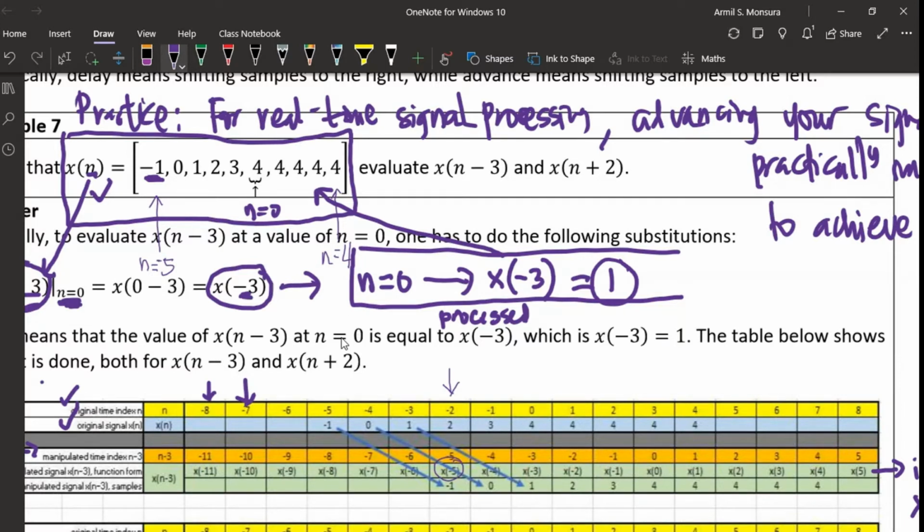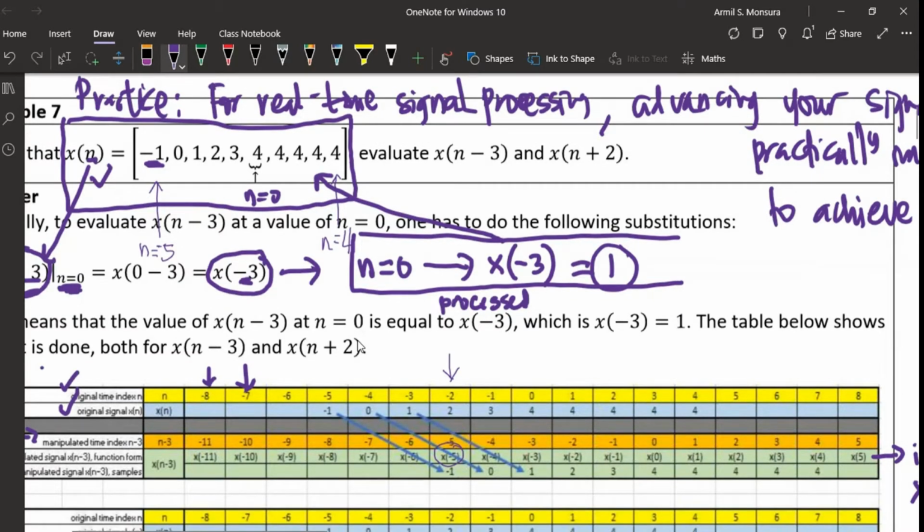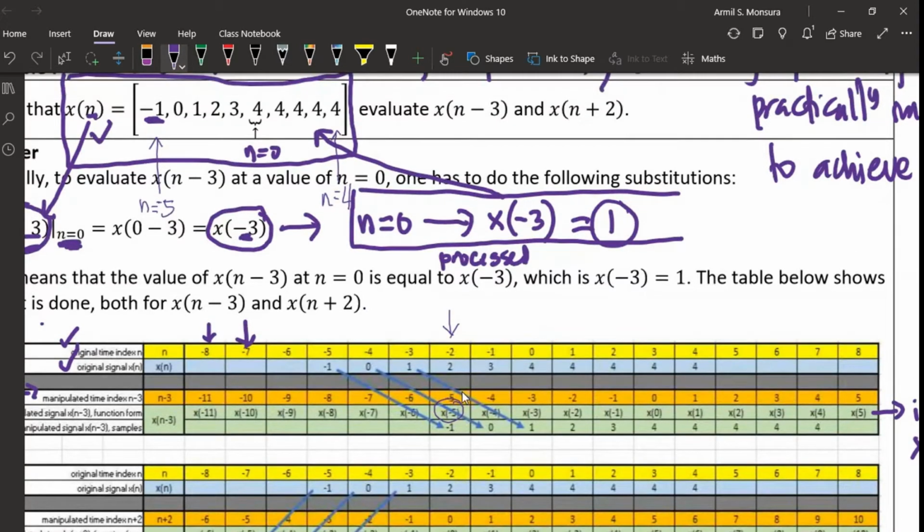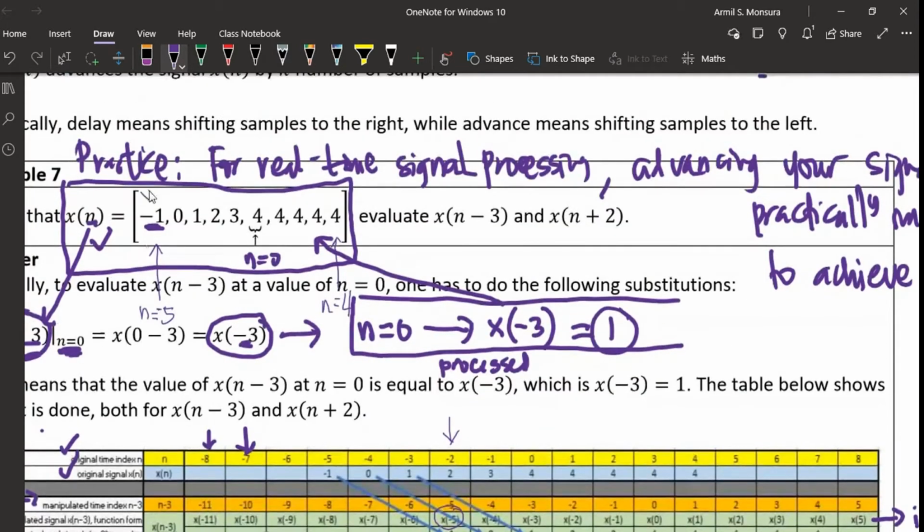Okay? So, in that case, makikita ninyo na unang mag-a-appear ang x of negative 5. Okay? Kasi ito yung x of negative 5 sa original signal niyo. That's x of negative 5. And this is x of 4.